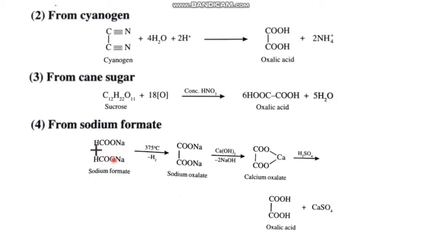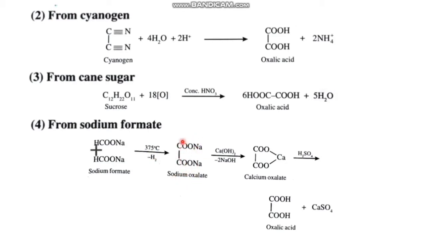Then the fourth method, from sodium formate, HCOONa. Sodium formate is first heated, and we get sodium oxalate. When sodium formate is heated at about 375 degrees Celsius, there is elimination of a hydrogen molecule, and we get sodium oxalate.